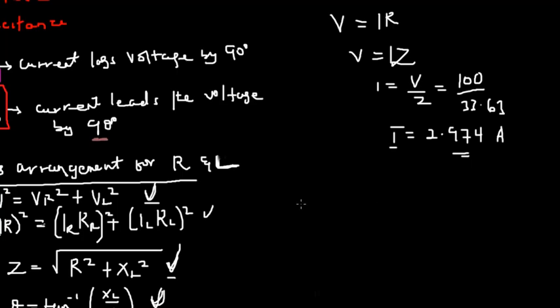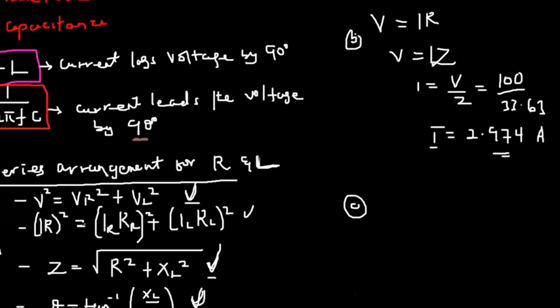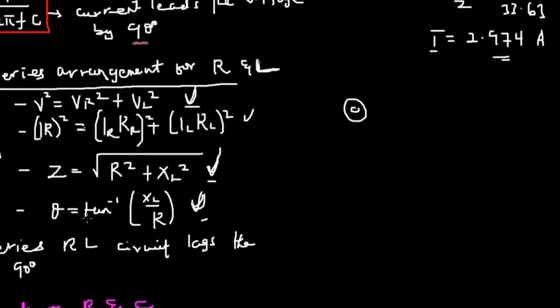Now we've been told to find the phase angle. There's a formula for finding the phase angle: theta is equal to tan inverse of XL on the resistor.